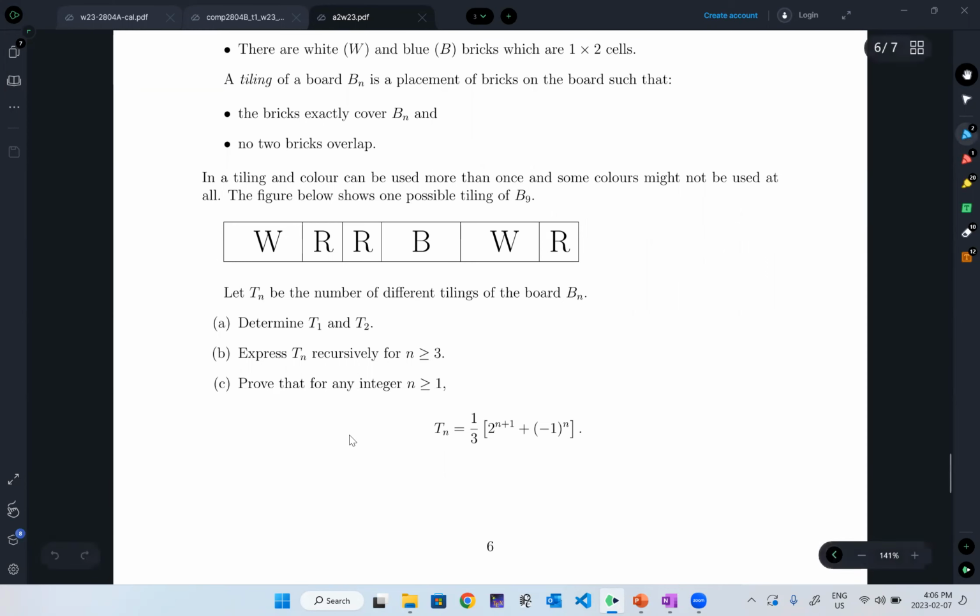So for example, the Fibonacci sequence, we had base cases of F0 equals 0, F1 equals 1. And then for n at least 2, we have f of n equals f of n minus 1 plus f of n minus 2.